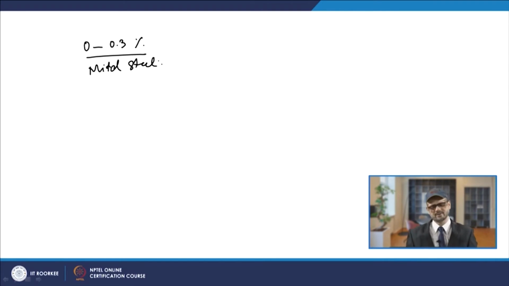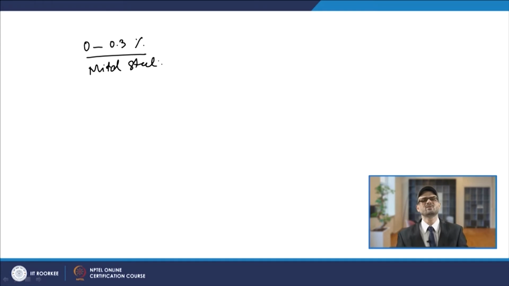When you come to a carbon percentage of 0.0 to 0.3%, it is normally known as mild steel, and in this case it is 0.0 to 0.1, 0.1 to 0.2 or 0.2 to 0.3.